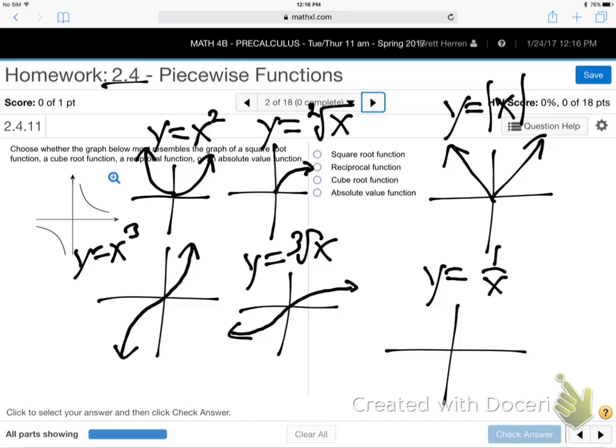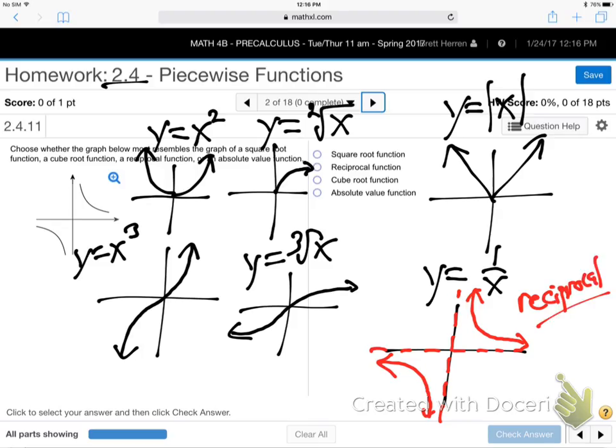Anybody know that one? It's a weird one. It's got some asymptote lines, right? At least if it hasn't been moved. Asymptote lines right through the origin like that. And then it's got one branch here that gets super close to the asymptote lines, and another branch here. It's got diagonal branches.